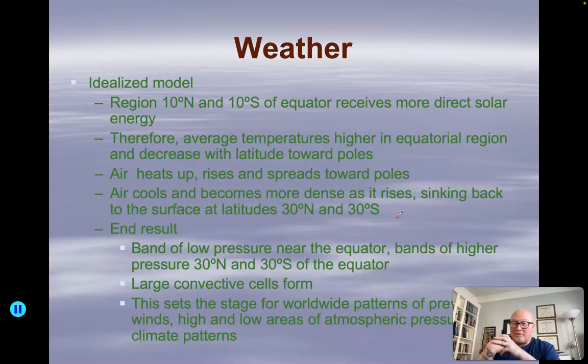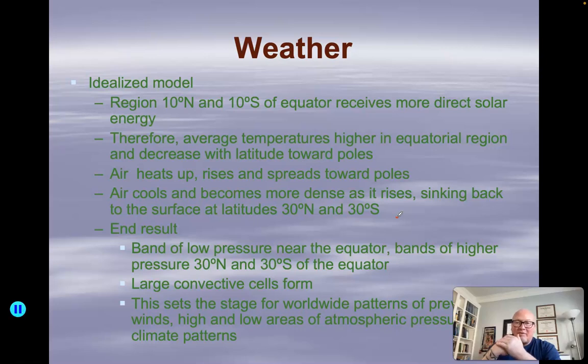The Earth's temperatures will decrease moving from the equator towards the poles. Likewise, precipitation is at its highest around the equator, and then precipitation decreases as you go towards either pole.